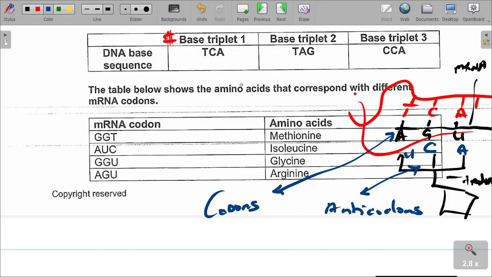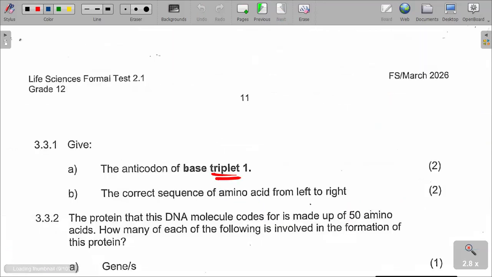The question is asking for the anticodons of that base triplet, which are the ones we have calculated using natural base pairing: A pairs with U, C pairs with G. That is the natural base pairing sequence.